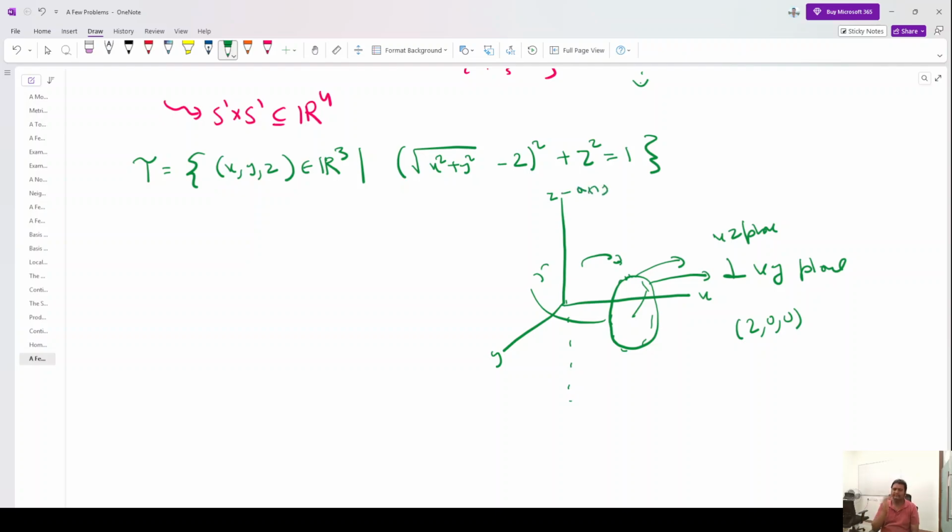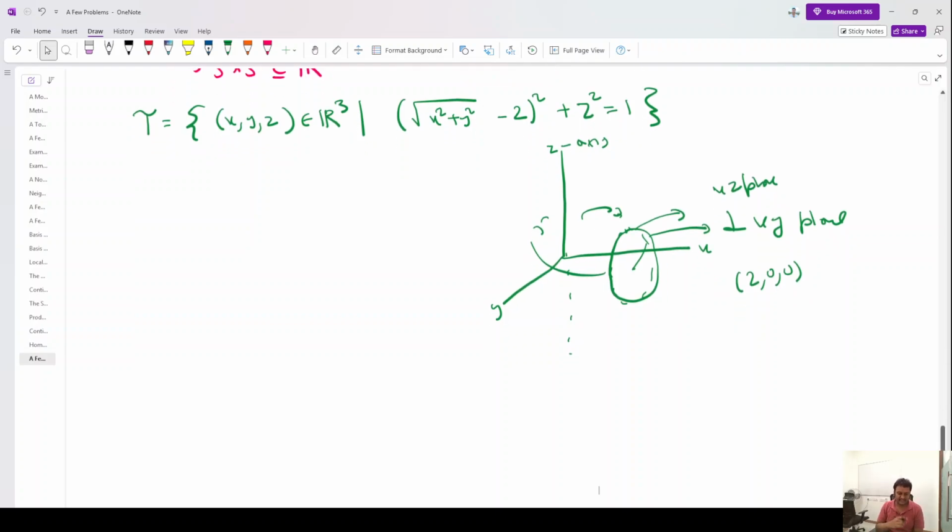You can see this will give you that kind of hollow tube. Now the task is to show that this is homeomorphic to S1 cross S1. I want you guys to do multiple exercises, and that will conclude this. So exercise 1.